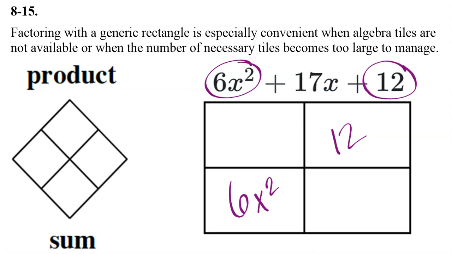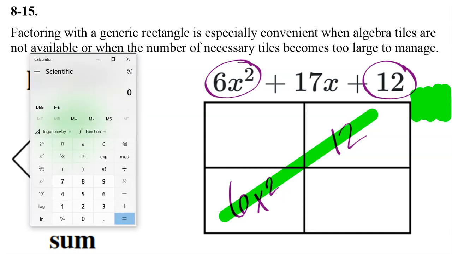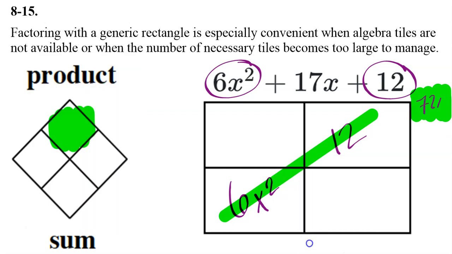Okay, and we know what they're going to multiply to. They're going to multiply to whatever this value is, and that's going to go here in the top. Okay, and so 6 times 12 is 72. Let's just verify, 6 times 12, 72. Okay, so that is now 72x squared.